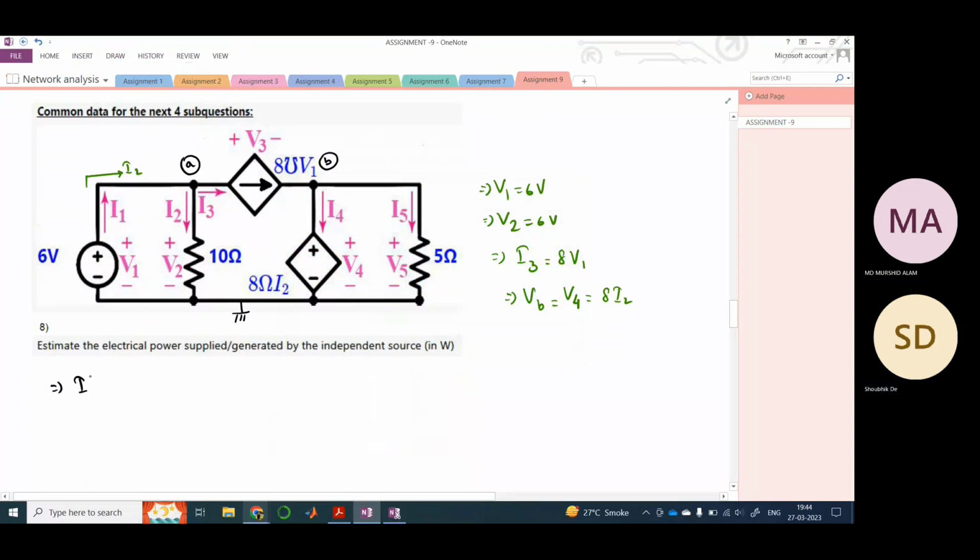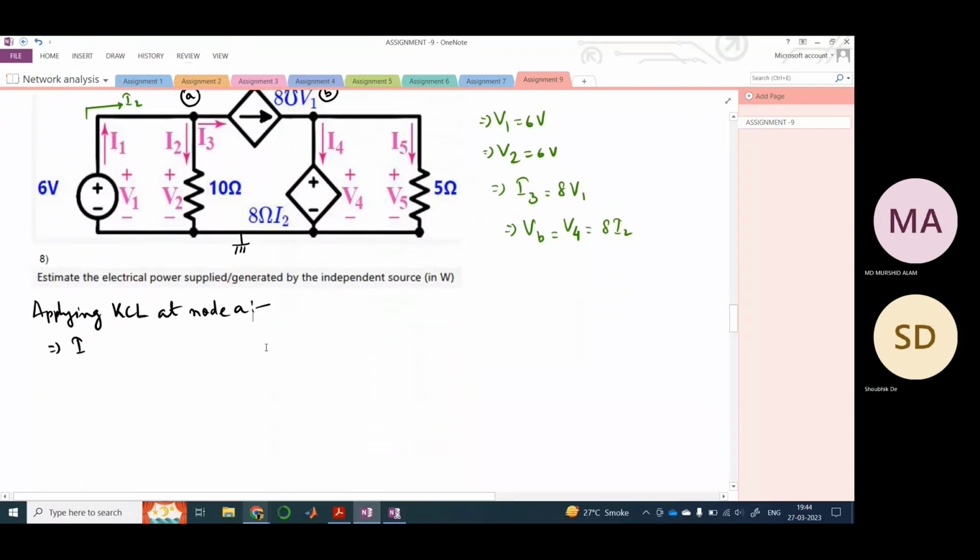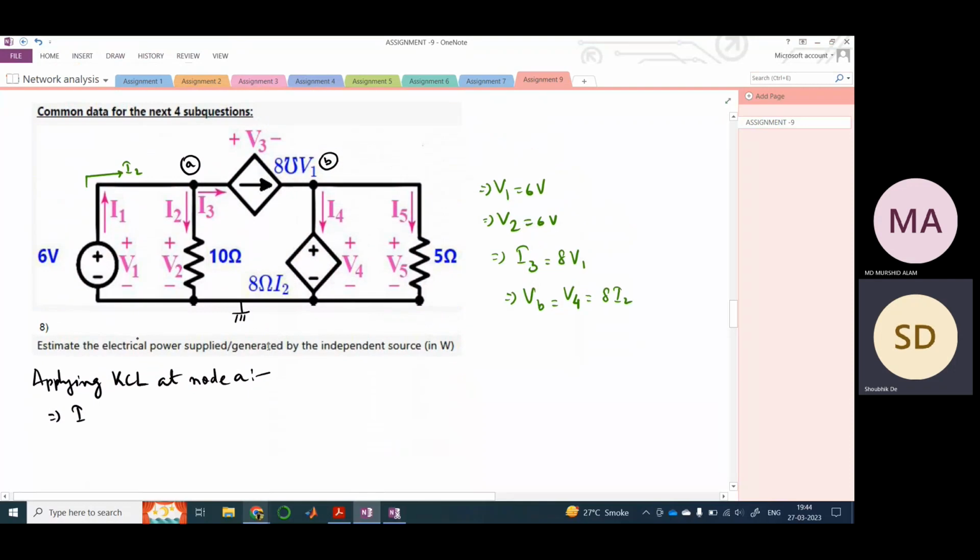So therefore, let us apply KCL at node A. Applying KCL at node A, this would be I1.